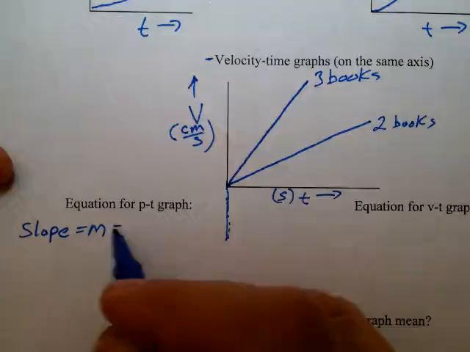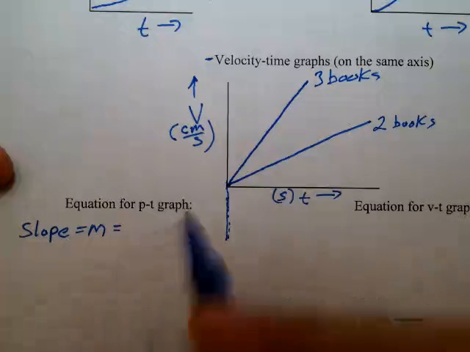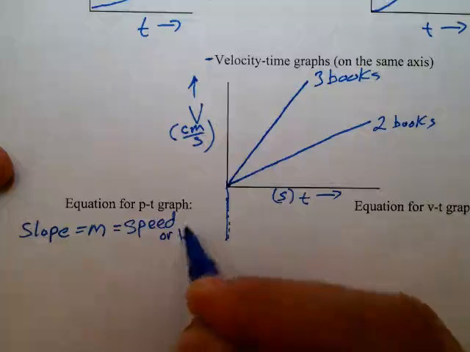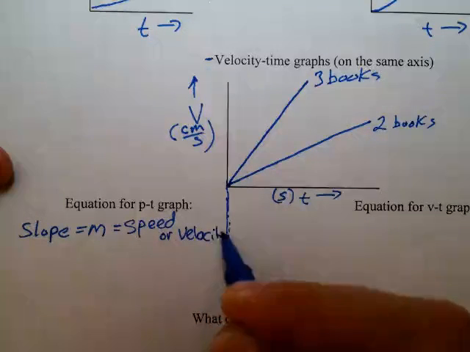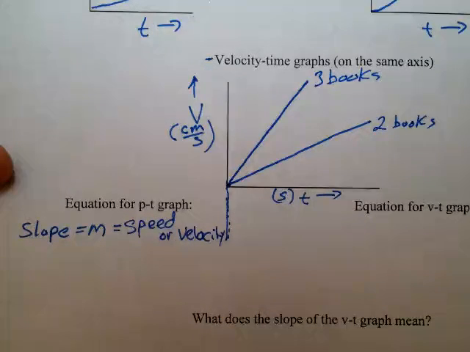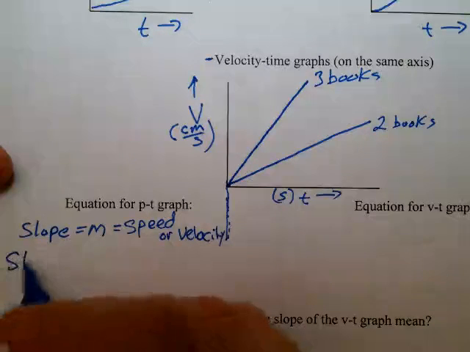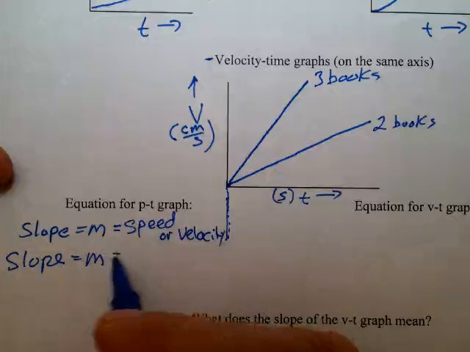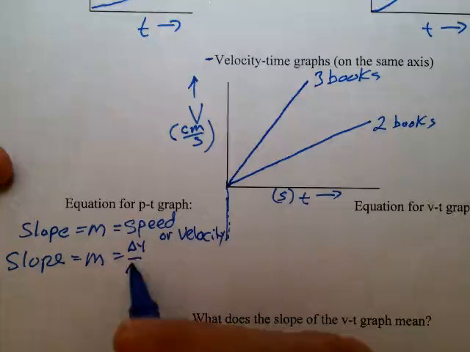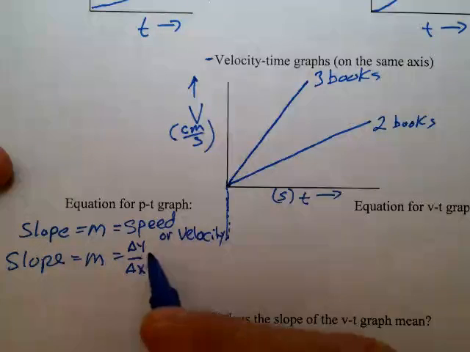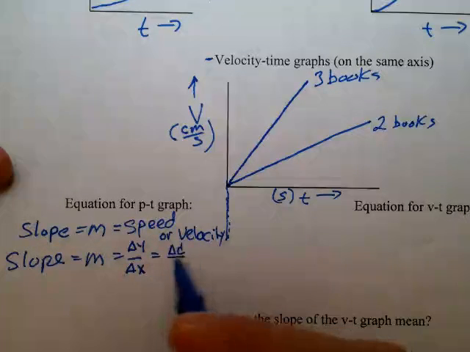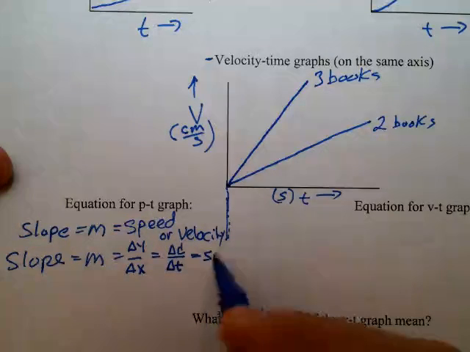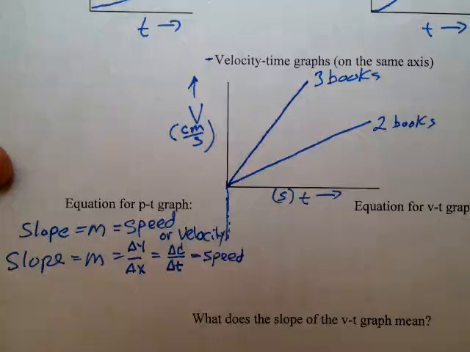And when we do a slope of a PT graph, that gives us speed or velocity. And the formula for that is slope, which is M again, the symbol we use, is the change in y divided by the change in x. In this case, the change in distance divided by the change in time, and that gives us our speed or velocity. That should be very familiar to you.